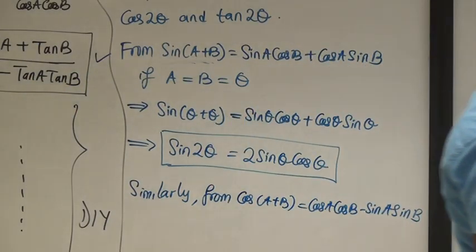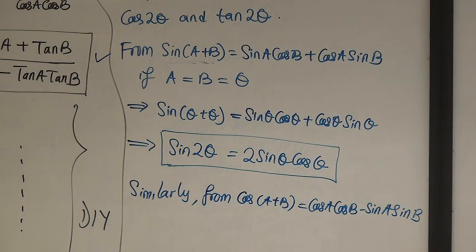You got something? No. Cos times cos is not 2 cos. That's cos plus cos. No. So this is how we write that. This looks like you square the angle, but cos theta is being squared.